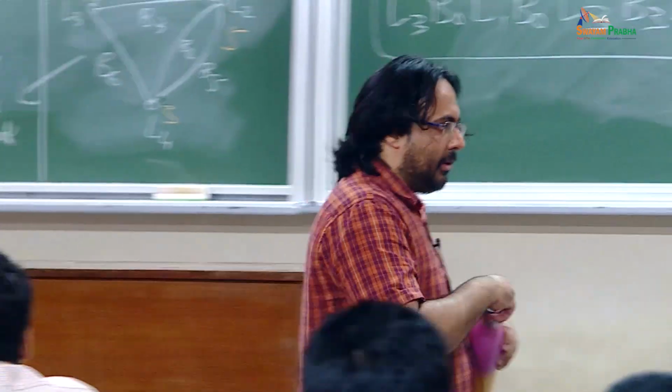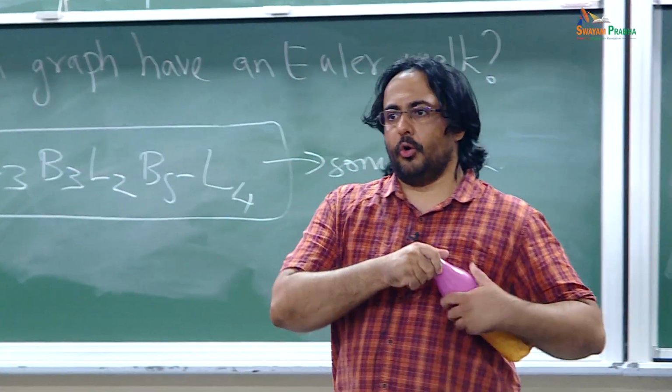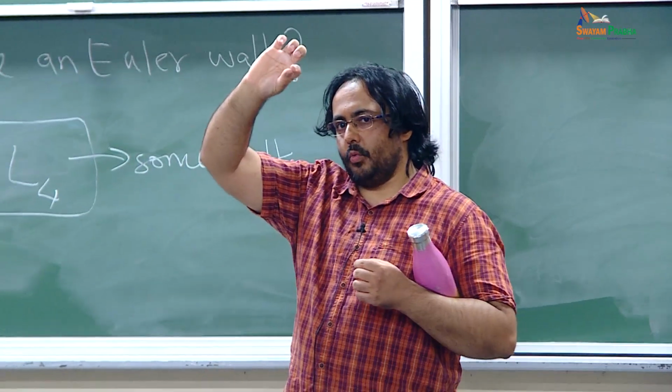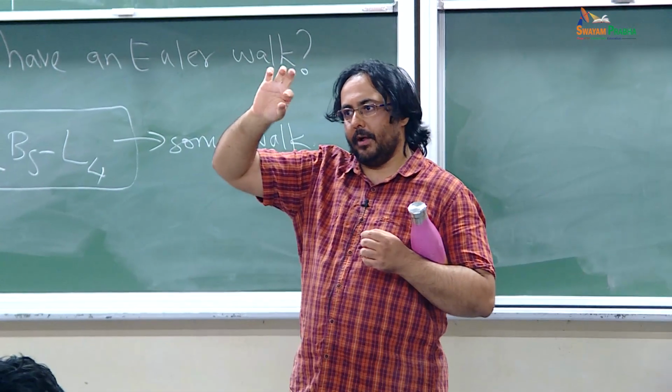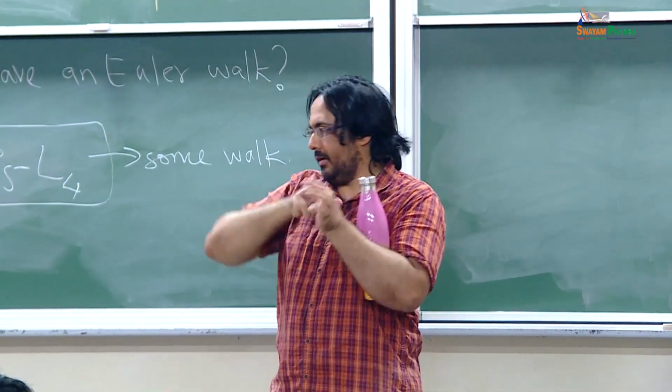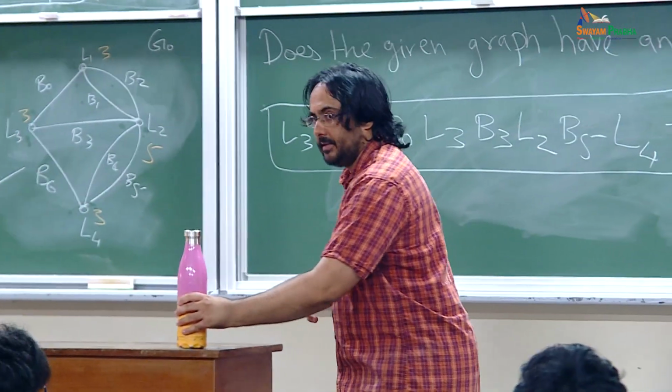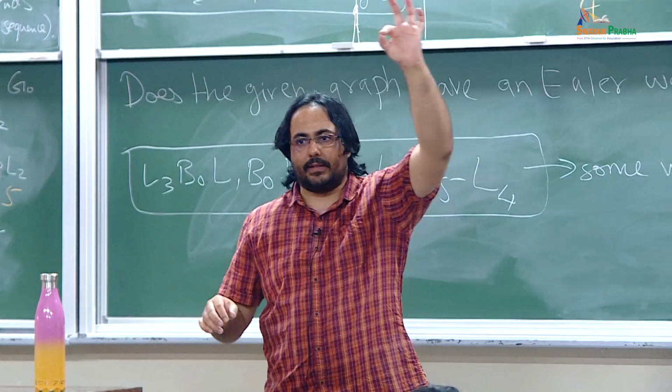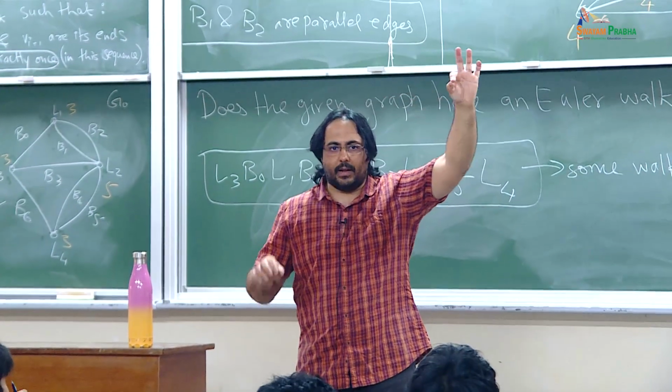So let's think about the question again. Go back to the model of being able to draw the graph without lifting the chalk. So there are two possibilities. Either my chalk ends at the same point or it ends at another point.